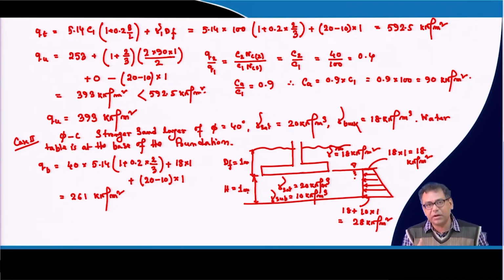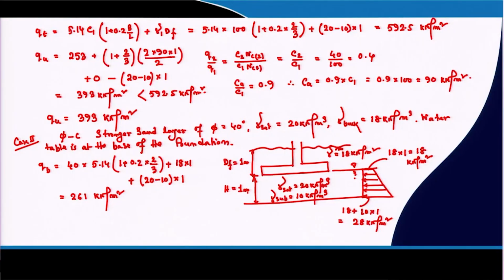Next class I will complete this case 2 problem, where I will also show how I can calculate the QT, then how I can calculate the Ks. Ca will not be required here, because your C1 value is 0 here. So, it has phi 1 and gamma, okay.